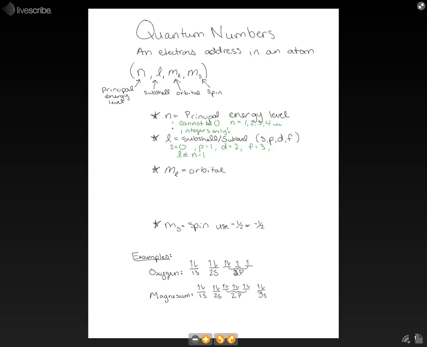So now let's look at our M sub L, which tells us which orbital we're in inside of that subshell. And the nice way to look at this is to draw them out, and you can see a pattern. So for our S sublevel, we have 1 orbital.